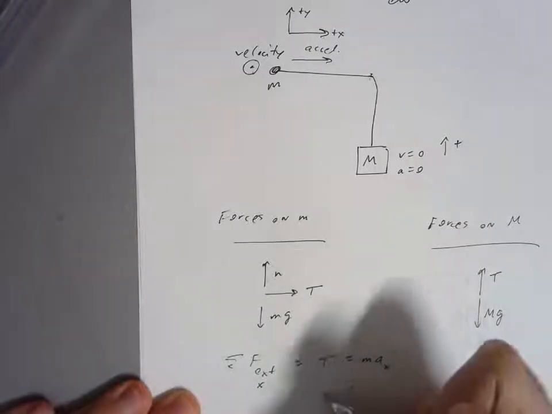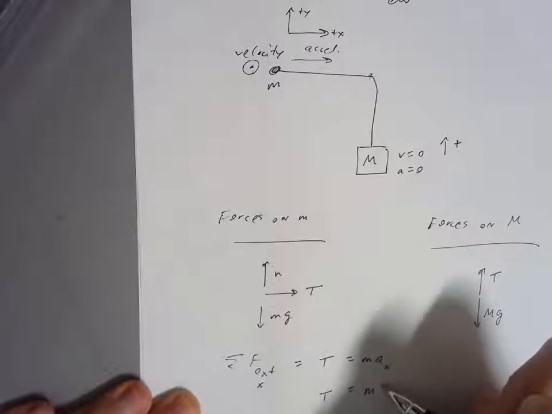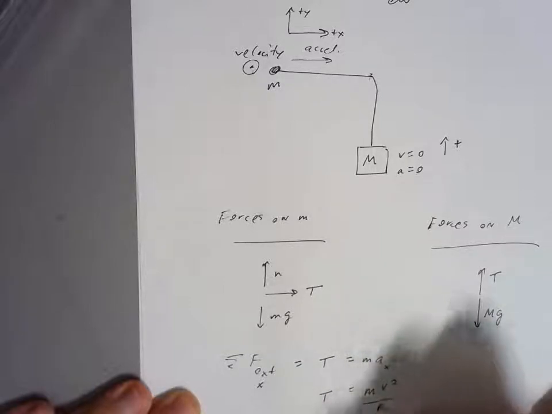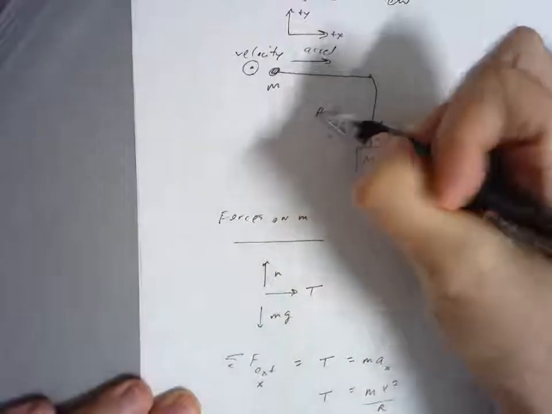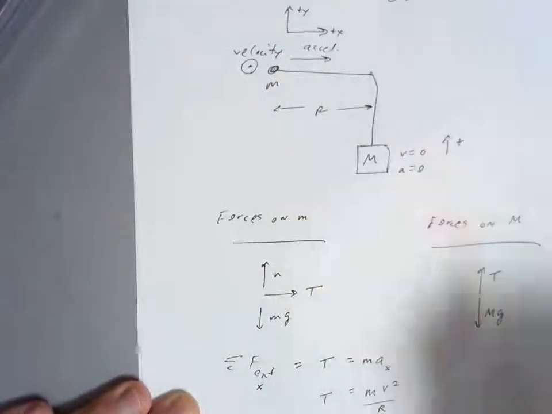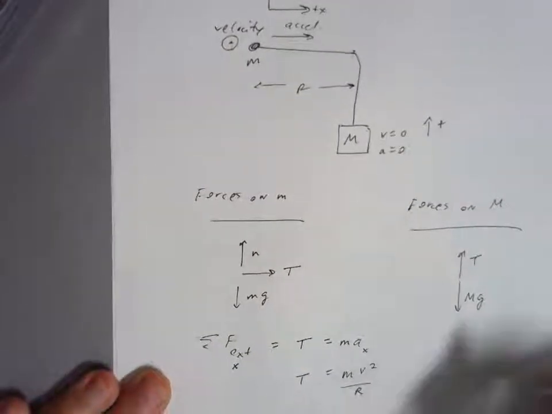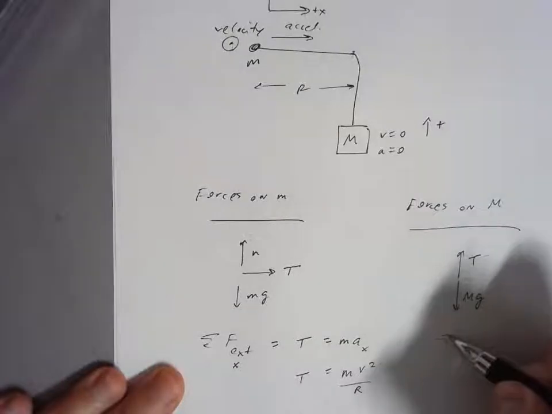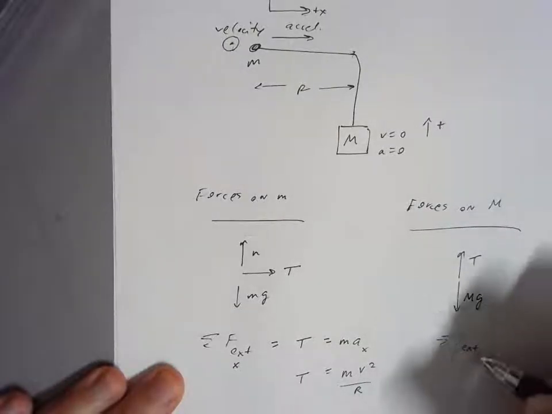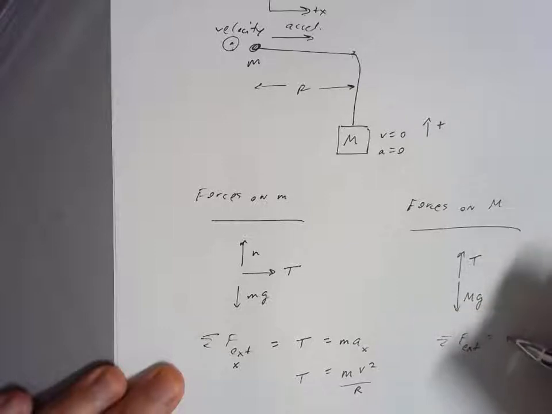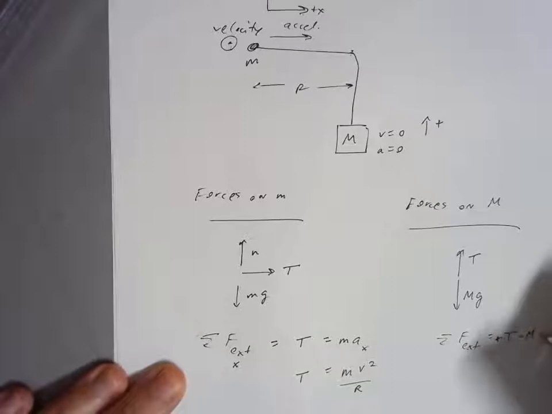But since it's moving in a circle, that is also mv squared over r, where r is the radius of that circle. I'll draw that up here. So that's our net force equation for that mass. For the other one, net force external is equal to T plus or minus capital Mg, which is capital M times its acceleration, but that's 0.